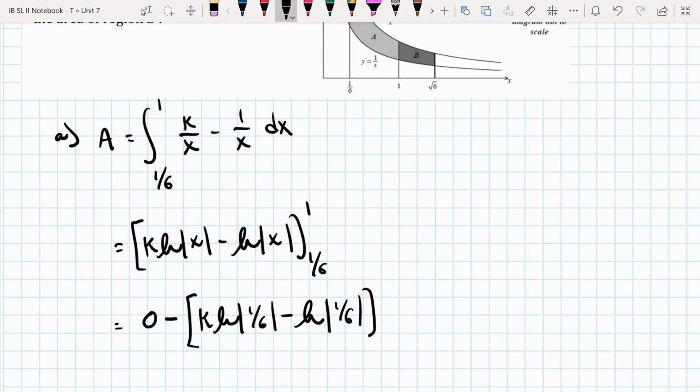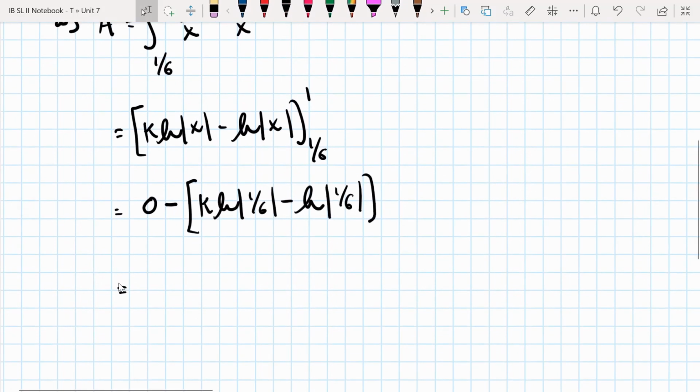Okay, and let's just rewrite this. Well, this is the same thing as negative natural log of 1/6 raised to the k. This k can come to the exponent here. Minus the natural log of 1/6.